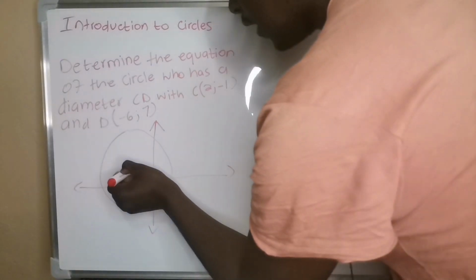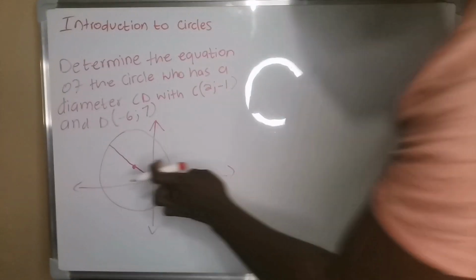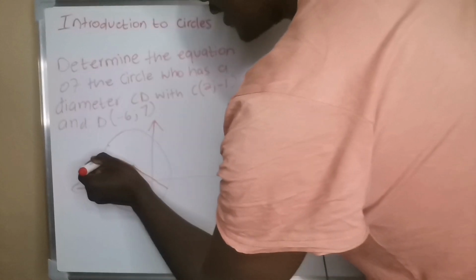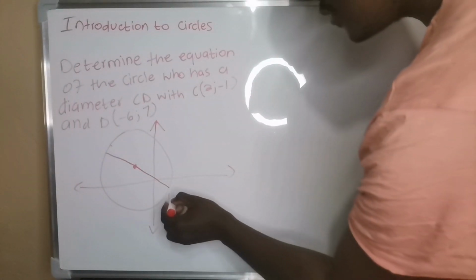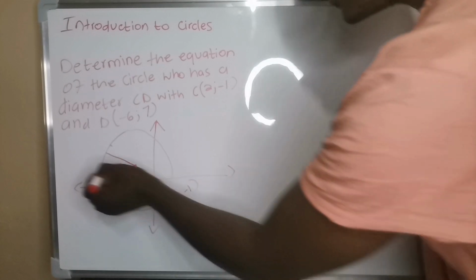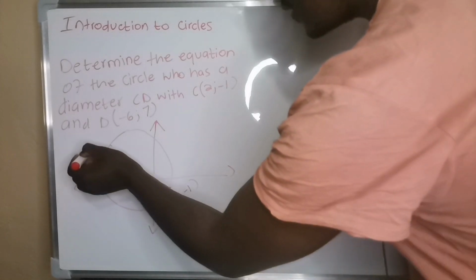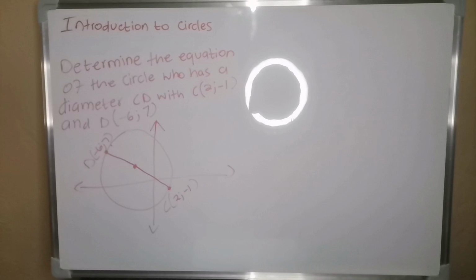But guys, you can see that this is a straight line here. Here C is (2, negative 1), then D is (negative 6, 7). Now you need to find the equation.